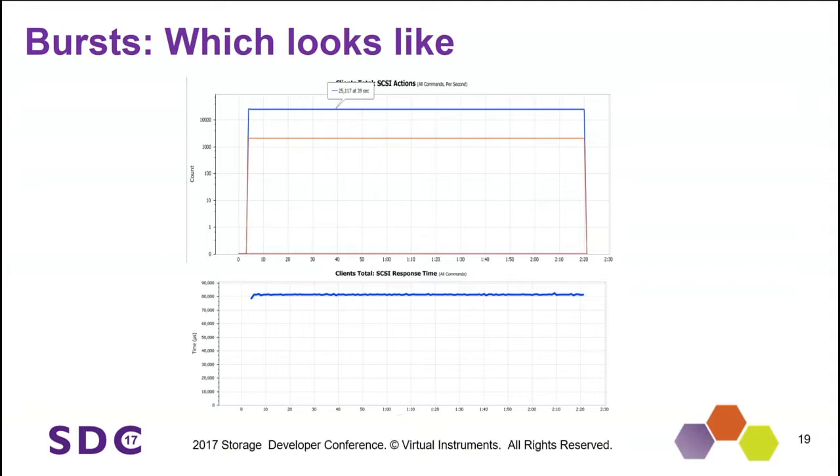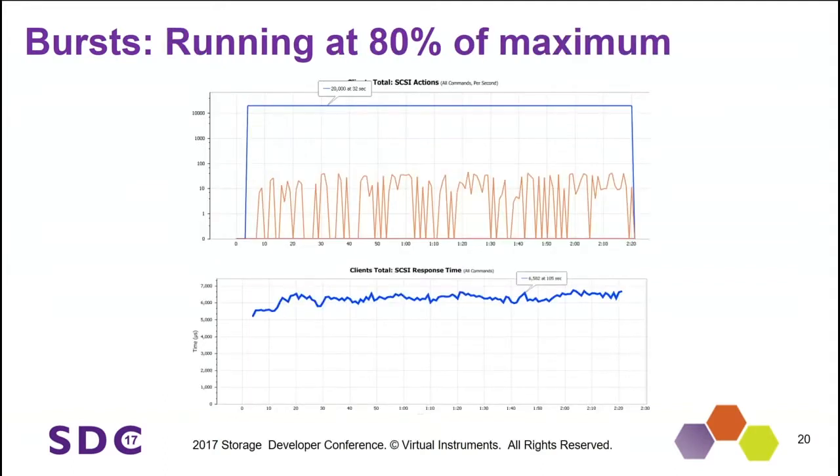That's with the bursts. 40 milliseconds, pretty bad. Now, if you take this down to 80%, take that rate before and drop it down by 20%, we see that we actually were getting 20K IOPS through. We're getting down to 6 milliseconds response time.